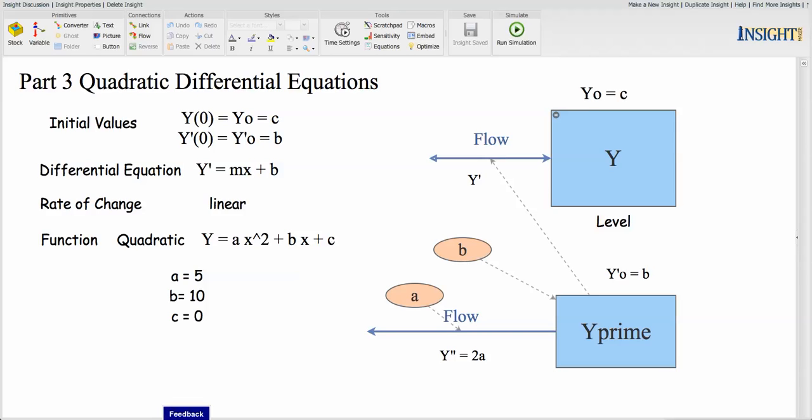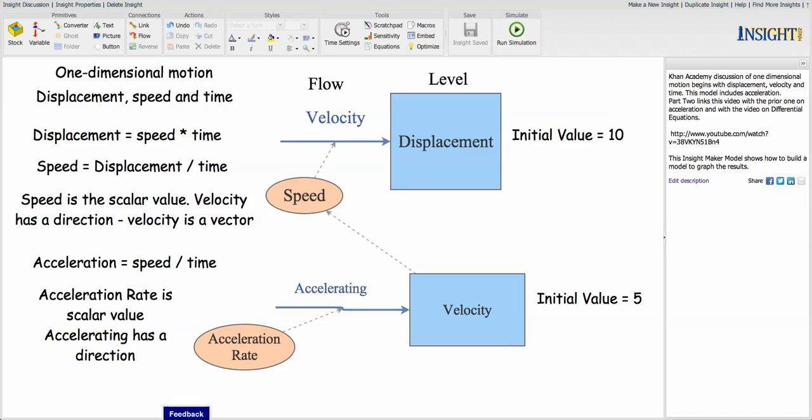The yellow boxes are the levels or stocks. And then we have two flows. This is the same basic model that I just showed you in acceleration in one-dimensional motion. So the two flows are acceleration and velocity, and the two levels are velocity and displacement.